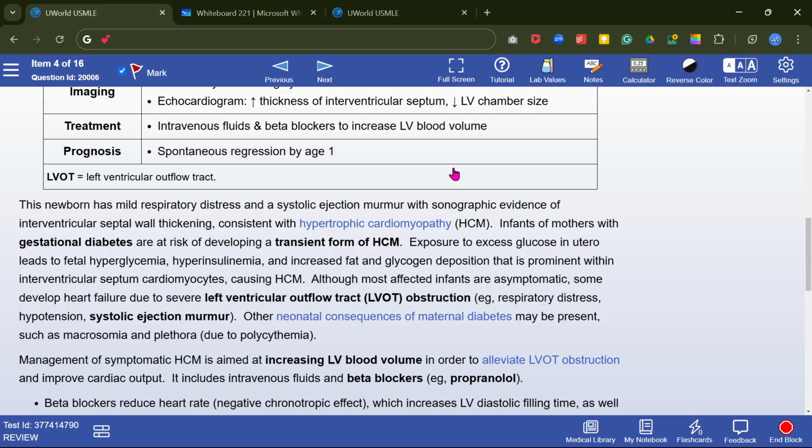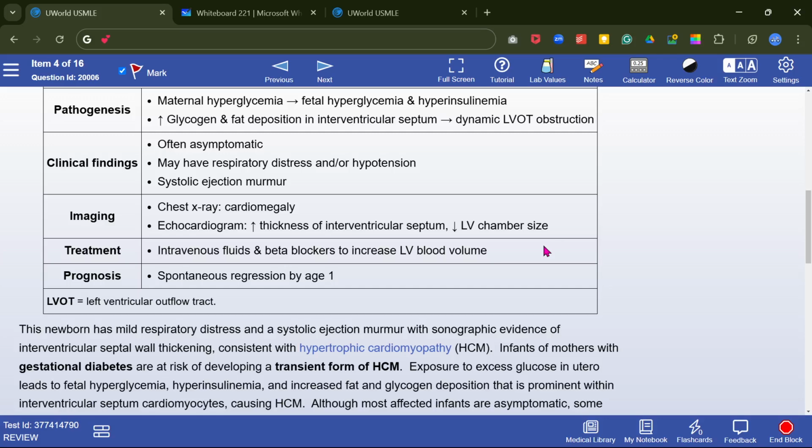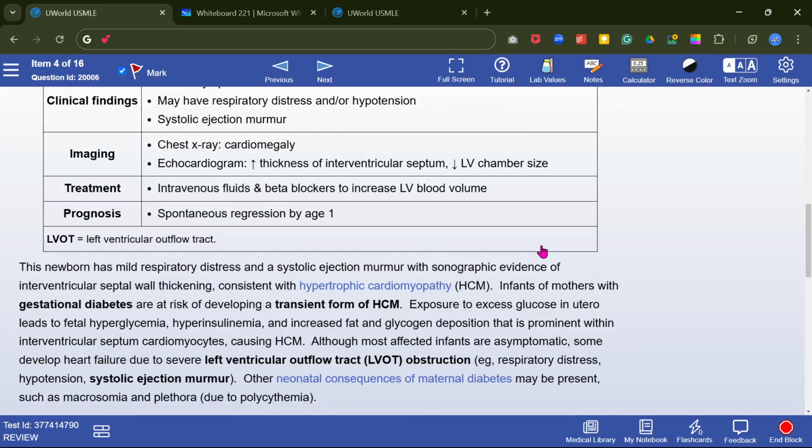Very confusing question. This newborn has mild respiratory distress and a systolic ejection murmur with sonographic evidence of interventricular septal wall thickening.